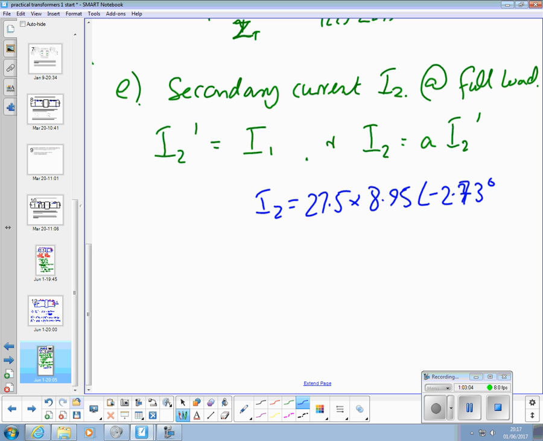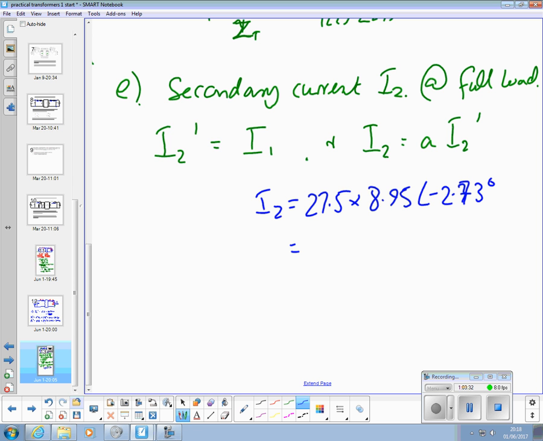Plenty of times. It won't be exactly like this, mind you, but it would be 26.5 instead of 27.5. It might be step down up instead of step down, for instance, which means that number will be a fraction less than 1.